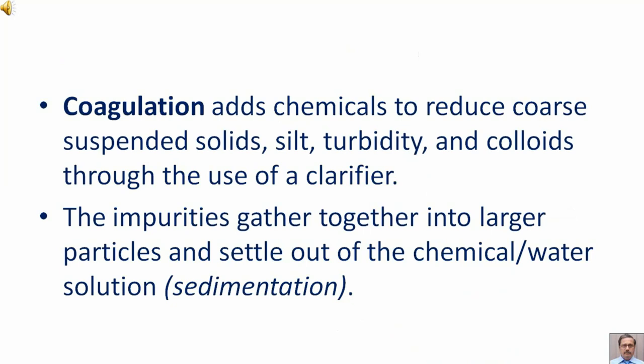Coagulation adds chemicals to reduce coarse suspended solids, silt, turbidity, and colloids through the use of a clarifier. The impurities gather together into larger particles and settle out of the chemical / water solution.